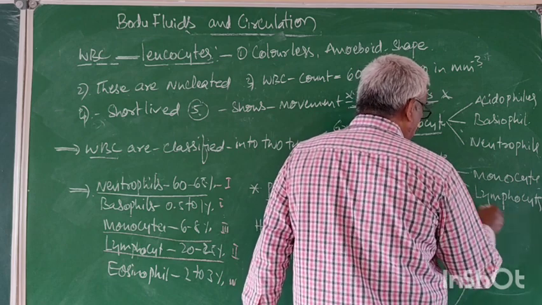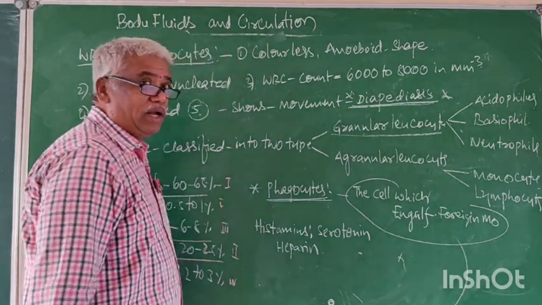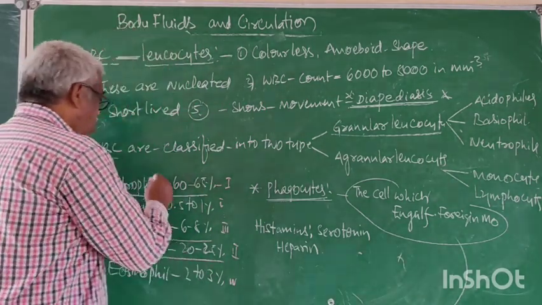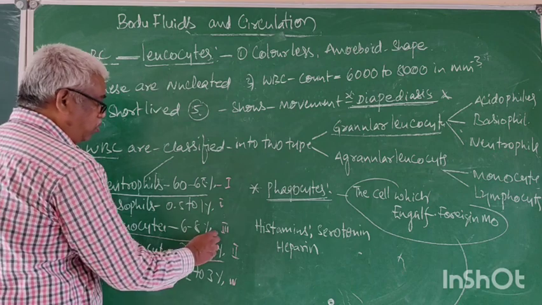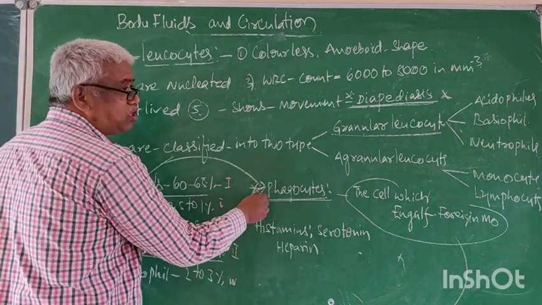This is the definition of the phagocyte. Give two examples: neutrophil and monocytes. This is the phagocyte.